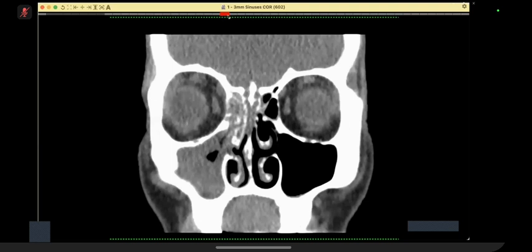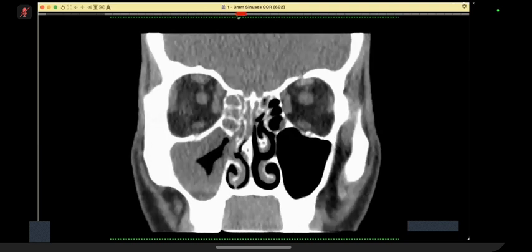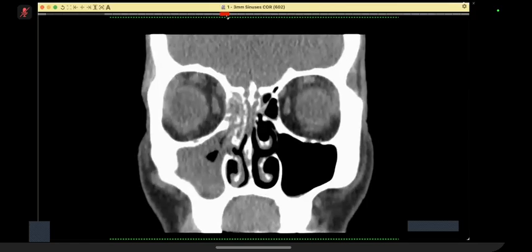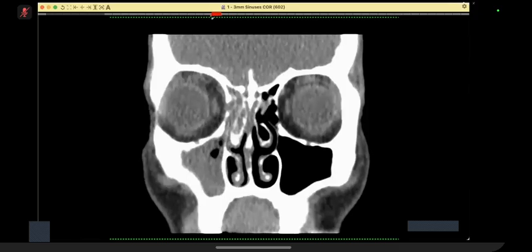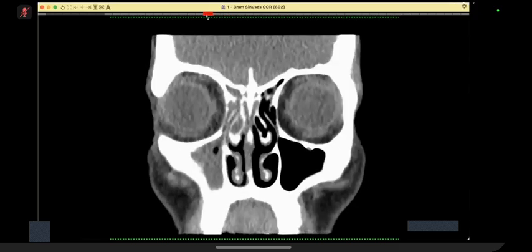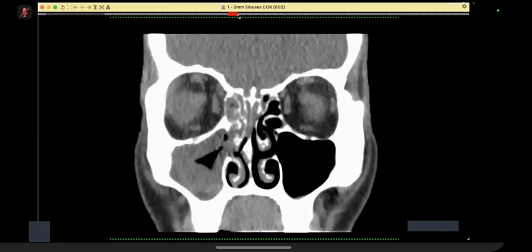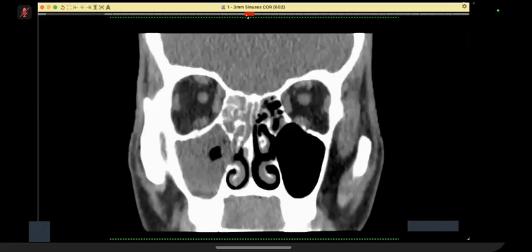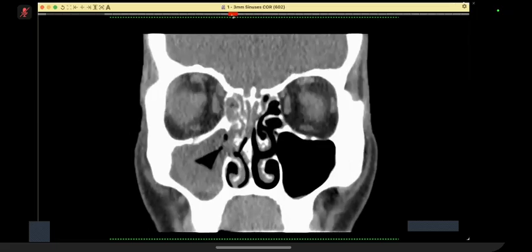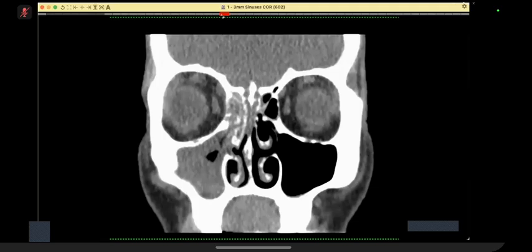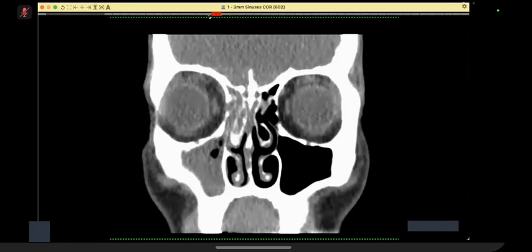There is, at the upper lateral margin within the right orbit, a soft tissue density with surrounding stranding, which is suspicious for an inflammatory process at this point.